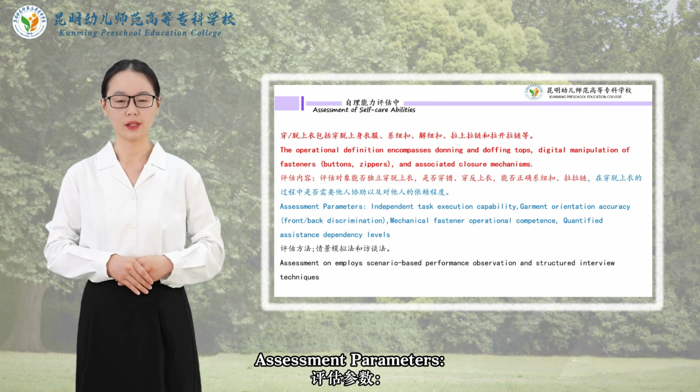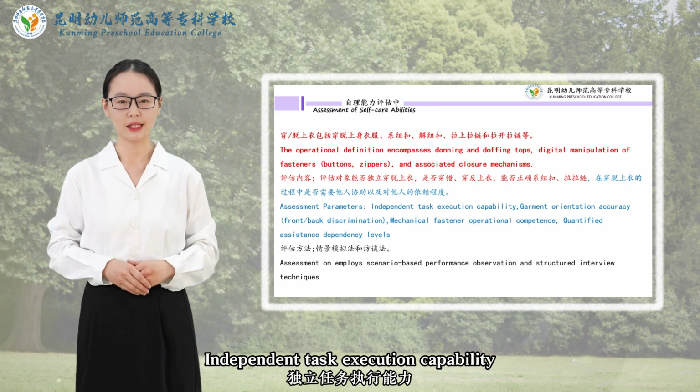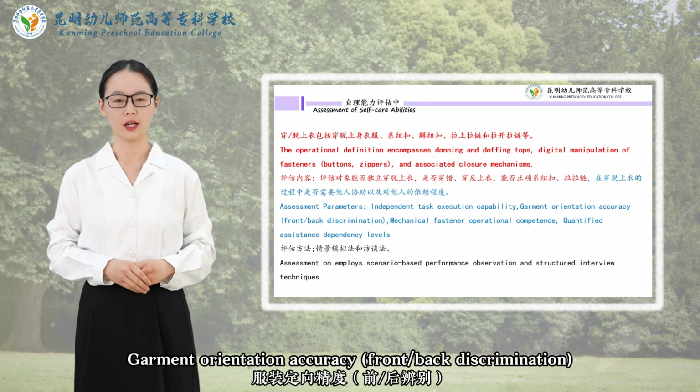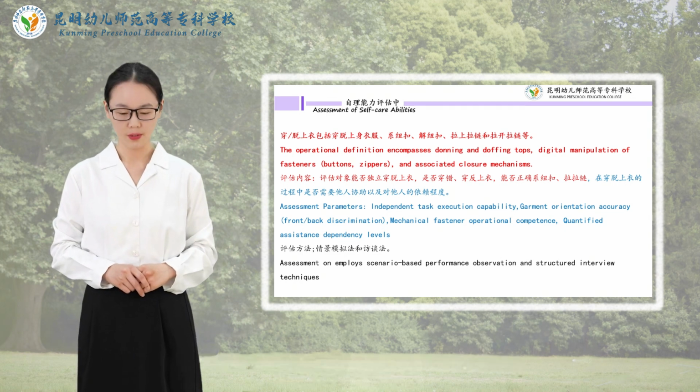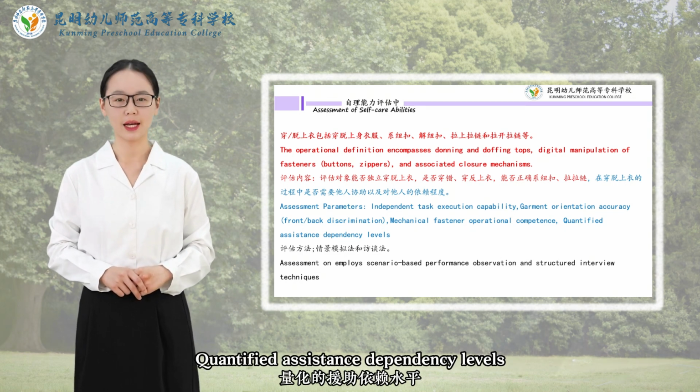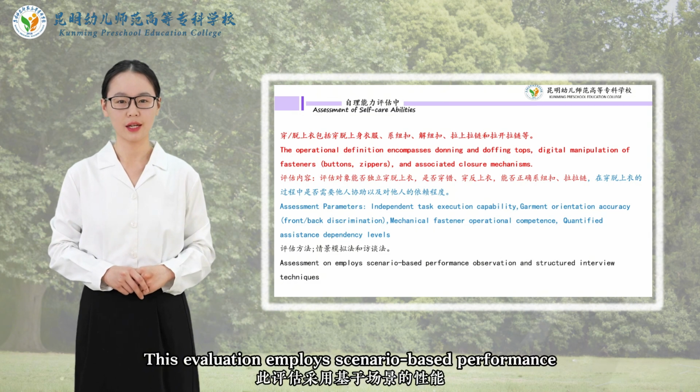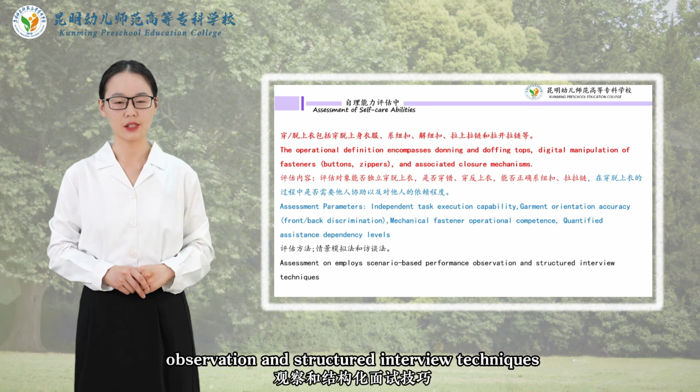Assessment parameters: independent task execution capability, garment orientation accuracy, front or back discrimination, mechanical fastener operational competence, quantified assistance dependency levels. This evaluation employs scenario-based performance observation and structured interview techniques.